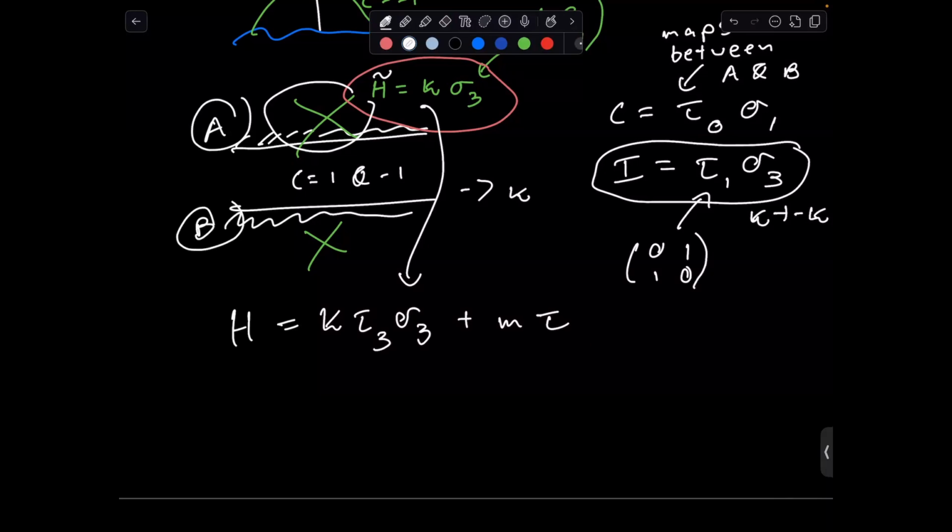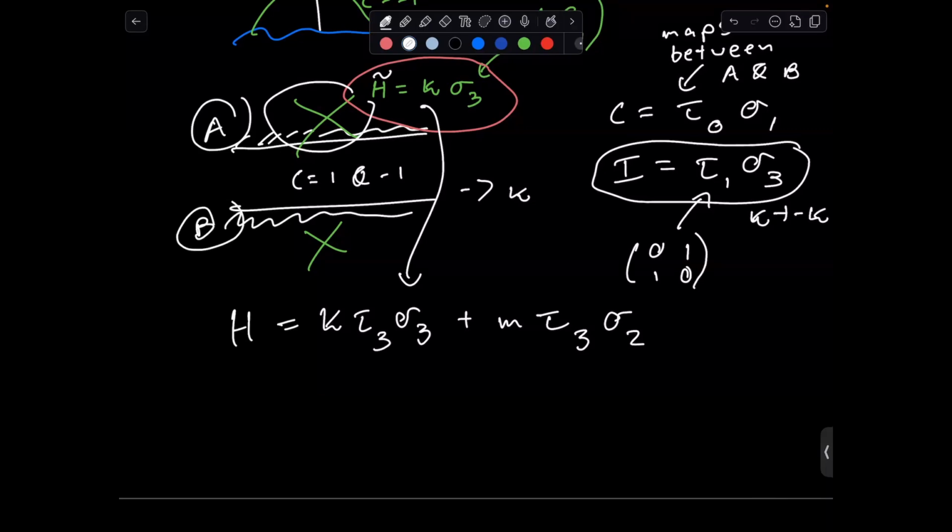Oh, wait, actually, sorry, it has to be tau 3, because I shouldn't allow myself a non-local term. And now we want to anticommute with the kinetic term, commute with inversion. So it had better be something like tau 3 sigma 2, right? Because it has to anticommute with chiral.